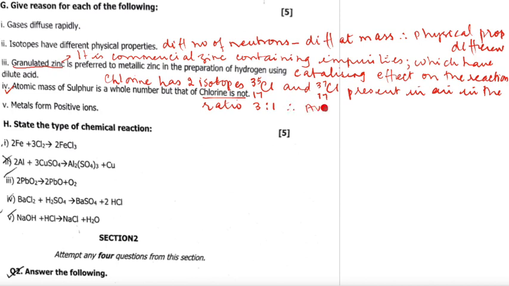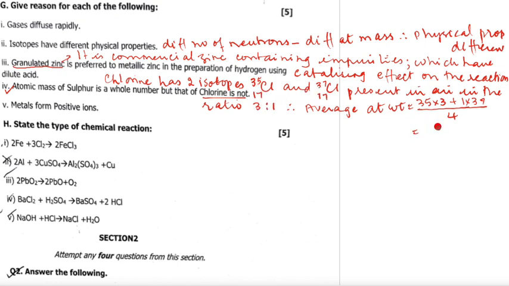Therefore, the average atomic weight is going to be 35 into 3, because every 3 atoms is going to be from this source, plus one of them will be here, so that will be 1 into 37, and that upon 4. So out of every 4, 3 will be this and 1 will be this.